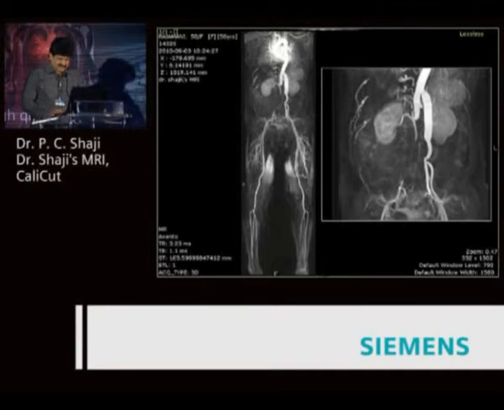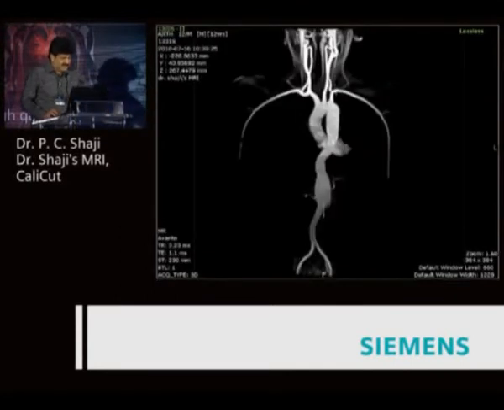So there is an obstruction, but in the image on the left-hand side you can see the collaterals reforming the vessels very well. Even the distal flow is excellent, and you can also see the superficial epigastric collaterals reforming the femoral and the distal vessels. So you get all the information from doing an MR angiography.